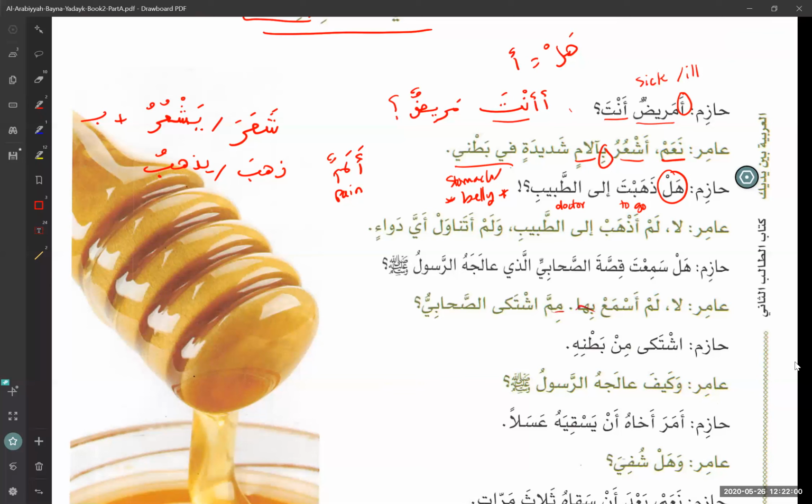Again, as I said before, when you have hal or hamza in a question, you have to answer by either saying yes, naam, or la. You have to answer by yes or no. So the first time they answered by naam, and the second one is la, no. So he didn't go to the doctor.